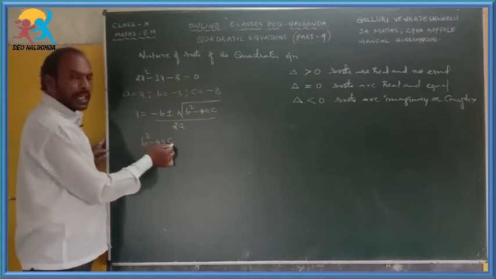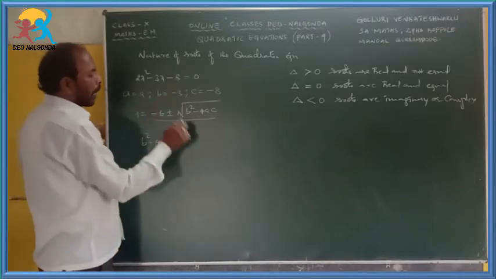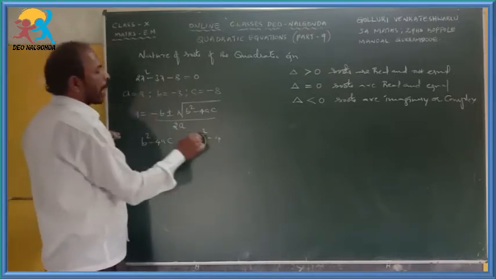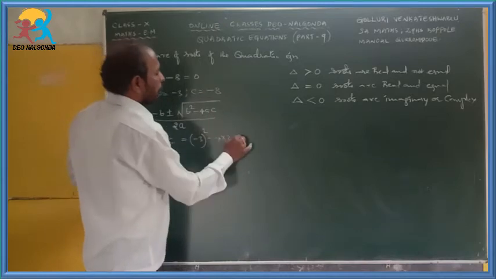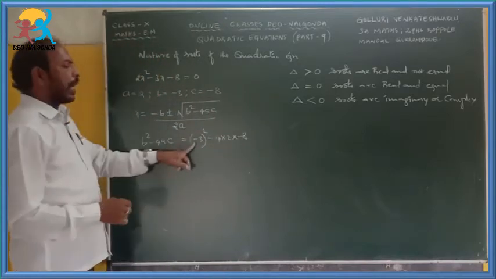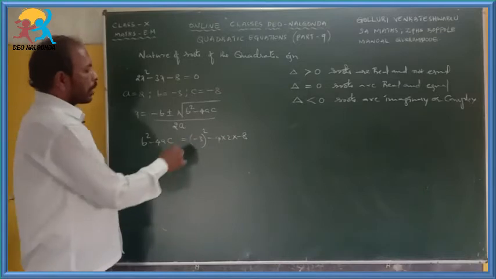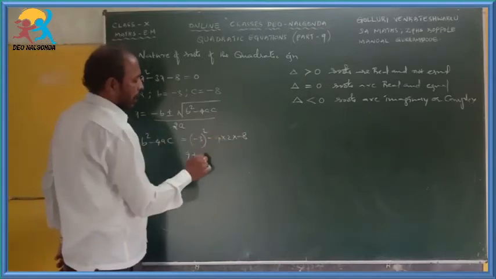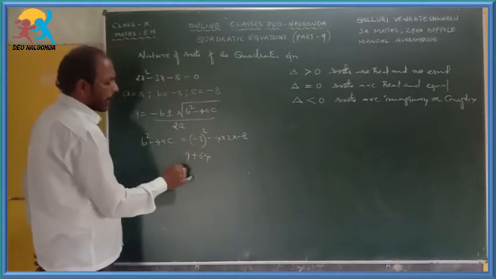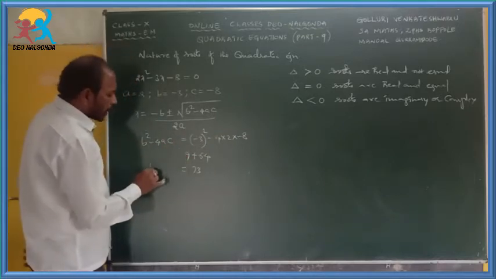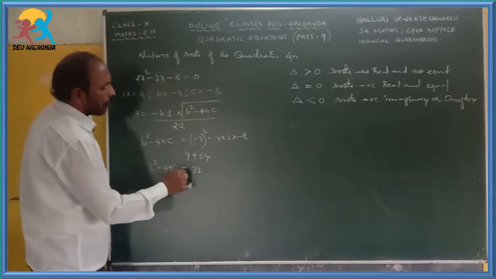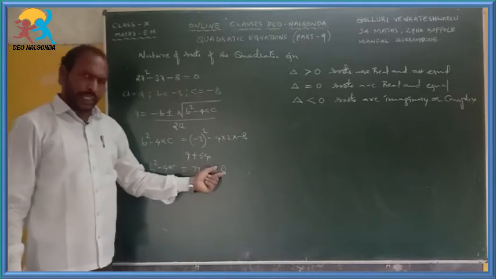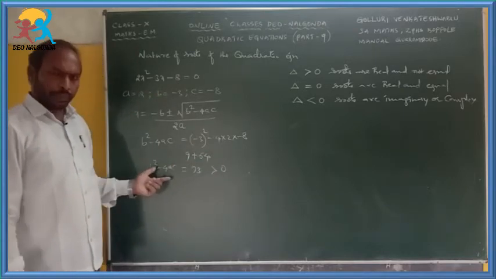The b value is minus 3, whole square, minus 4 times a value 2, c value minus 8. 3 3s are 9, minus into minus is plus, 4 2s are 8, 8 8s are 64. 64 plus 9 is 73. The discriminant value is greater than 0.